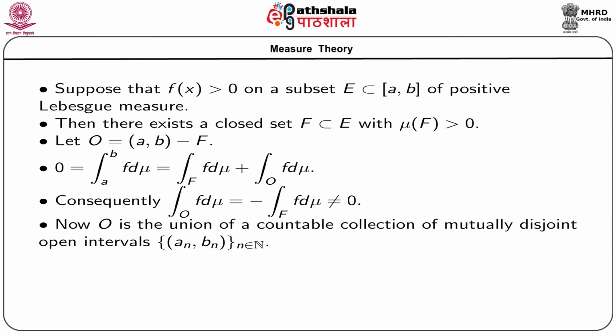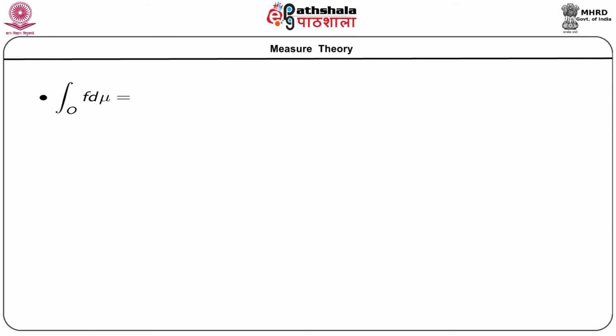Now, since O is an open set of real numbers, we know that O is the union of a countable collection of mutually disjoint open intervals (a_n, b_n), n belonging to the natural numbers, and consequently the integral over O of f d mu, we can write as the sum over n of the integral from a_n to b_n of f d mu, but the whole sum is not equal to 0.